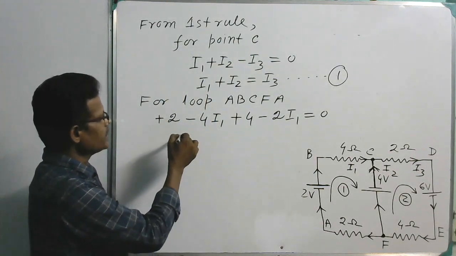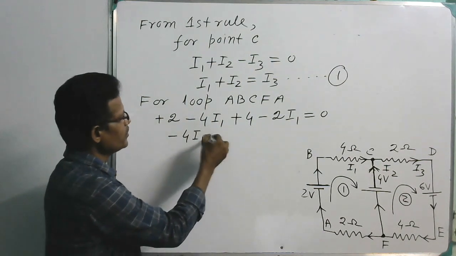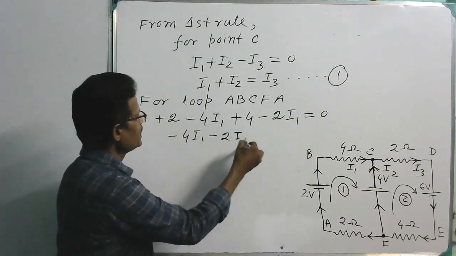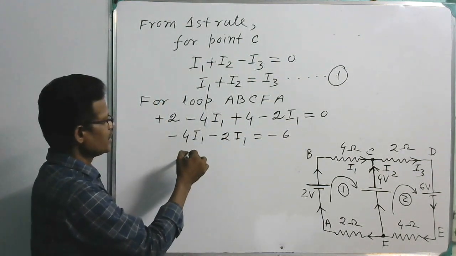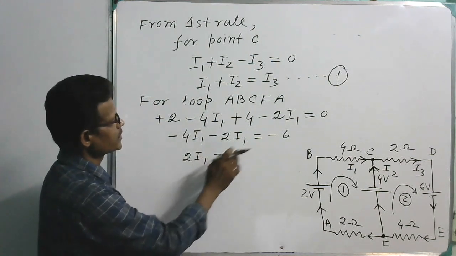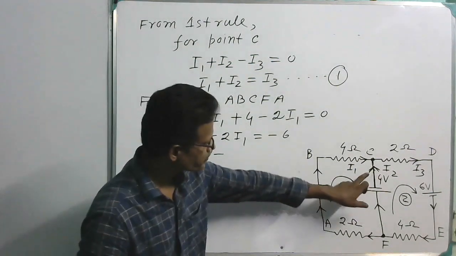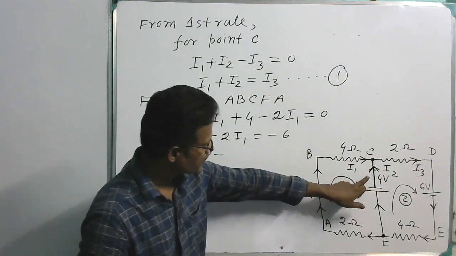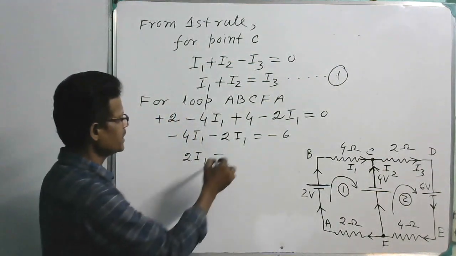So just rearrange this for your convenience. For 4I1 minus 2I1 equal to -6, or simply 2I1 plus, oh, sorry. What mistake is there? No mistake. This is I1, this is I1, no mistake.